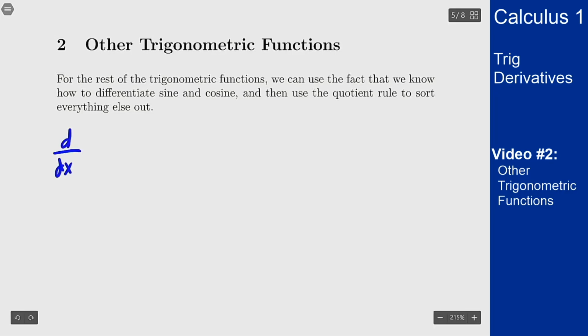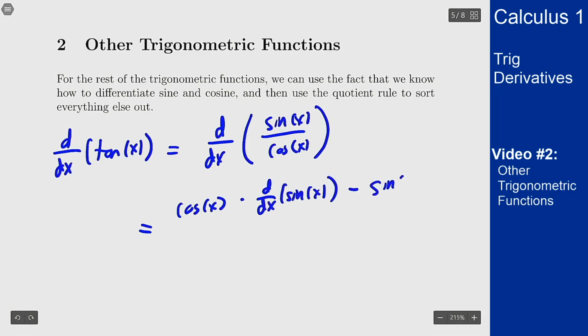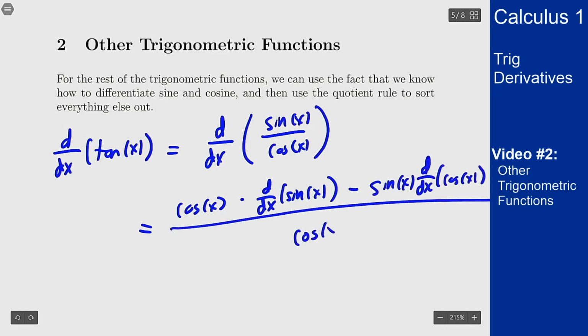If I want to differentiate tangent of x, I can rewrite this as the derivative of sine of x over cosine of x. Now I can apply the quotient rule to this function. This derivative is cosine of x times the derivative of sine minus sine of x times the derivative of cosine all over cosine of x squared.